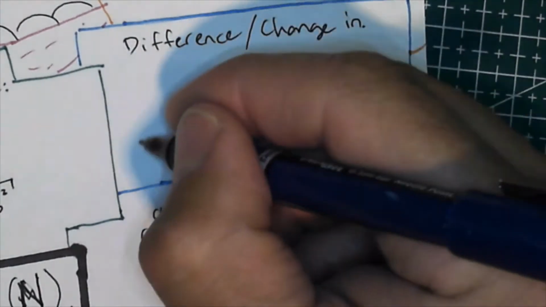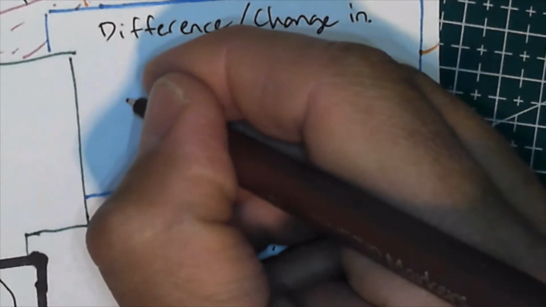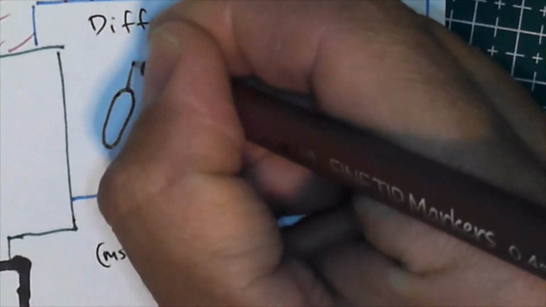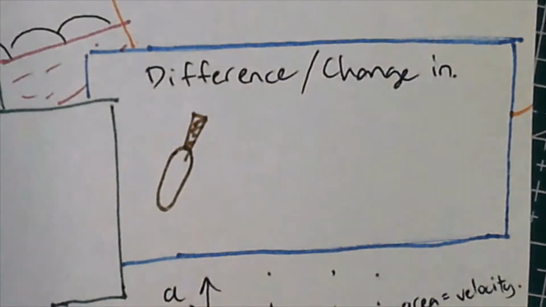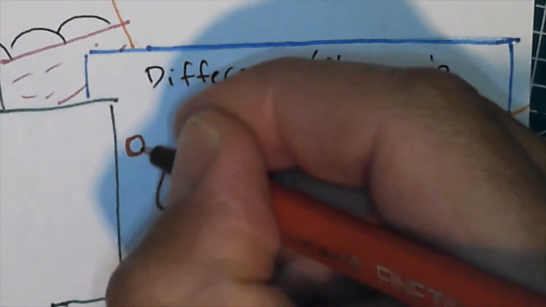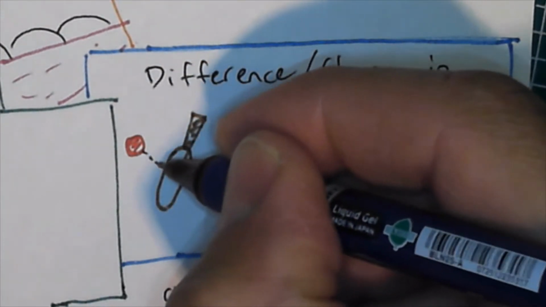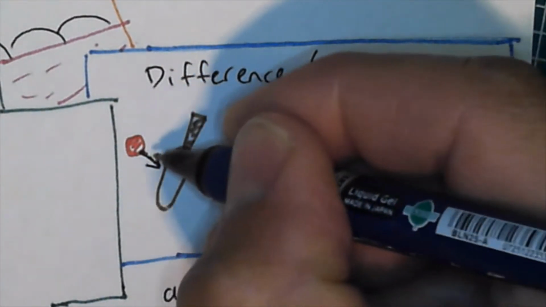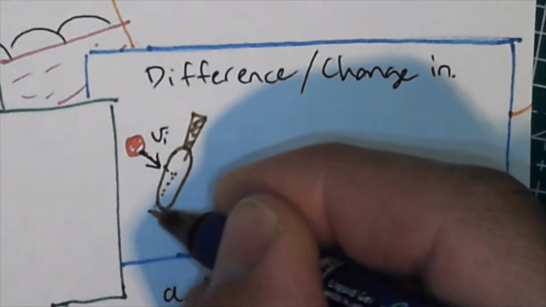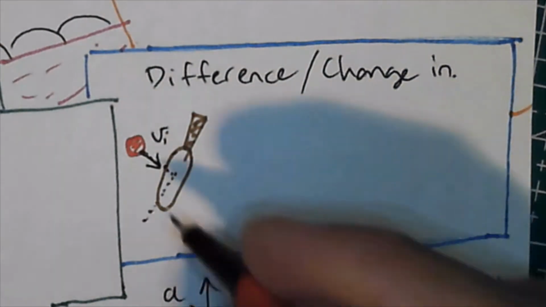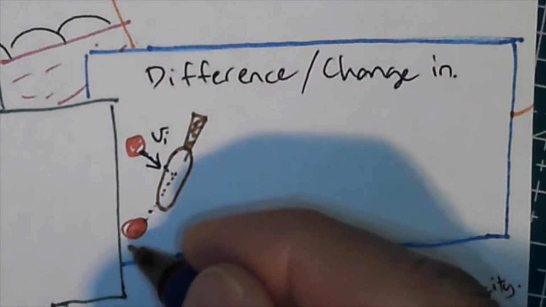For example, you might be an avid cricket player with your bat, your cricket wicket, and you might have a ball coming in with some sort of initial velocity to your bat, and it comes off your bat in a different direction and with a different velocity.